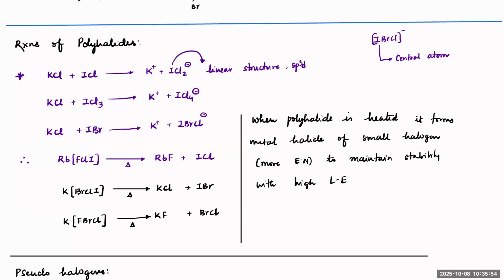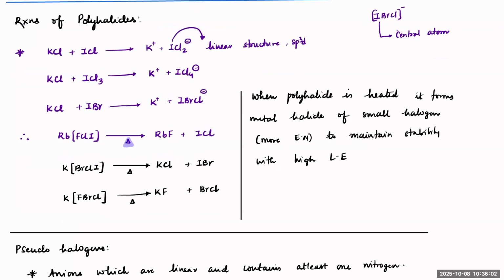And if it is already in a complex form, let's say this is in a complex form here, and on heating, this is to be learned carefully: between the halogens, the one which carries the more ionic character will combine with the group 1 element. So between these three, which is more electronegative? Chlorine. So that can make a better ionic compound.